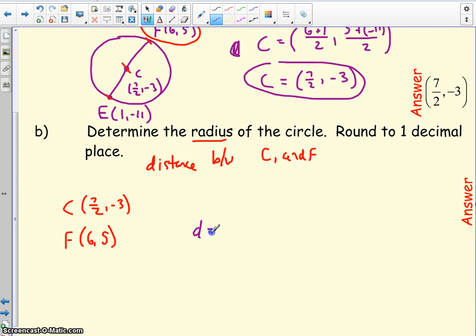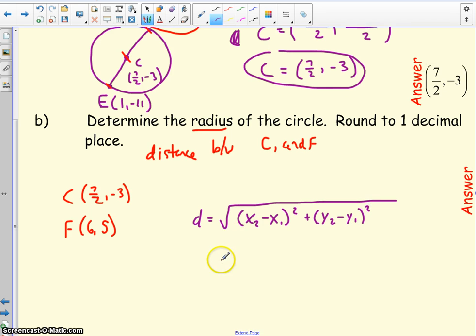So I'm going to write out my distance formula here. Okay, and I'll put everything I have from my 2 points.